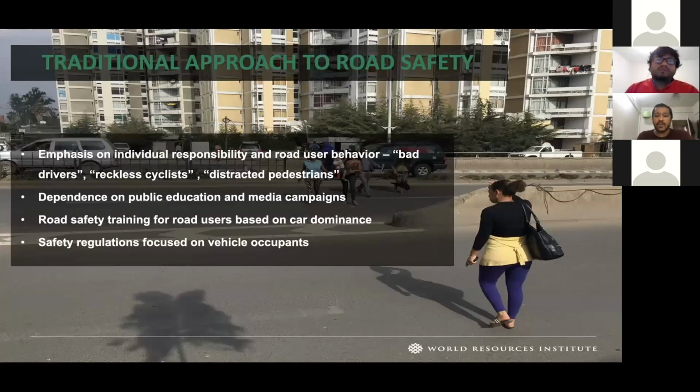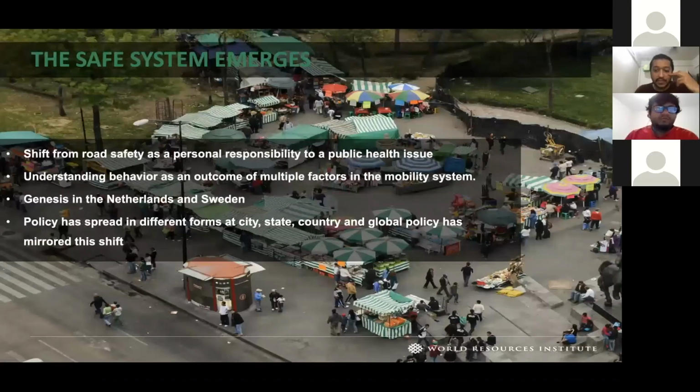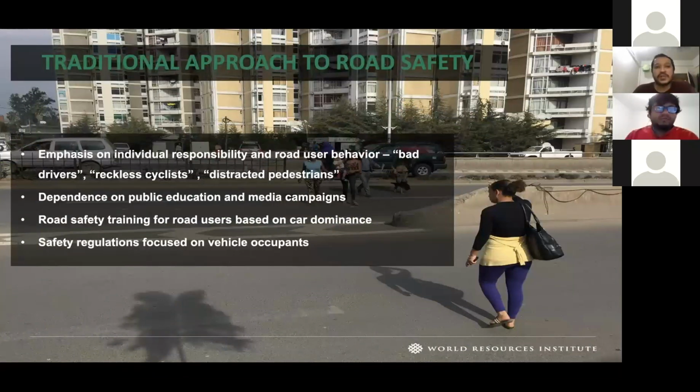Okay, so safe systems, how do we look at it? Let's compare it with the traditional approach to safety, which somebody working in India immediately relates to, but I'm sure many of you working in several other countries do too. The emphasis in the traditional approach is individual responsibility.